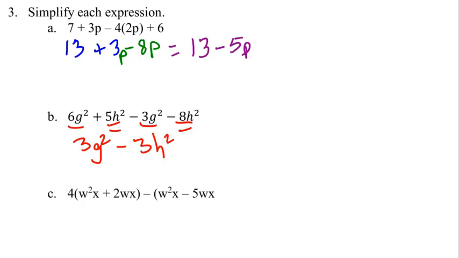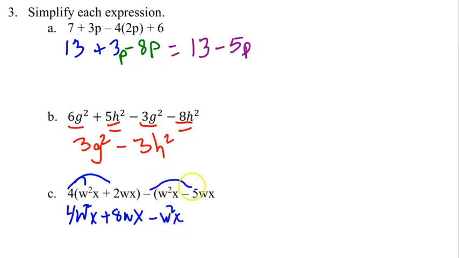Letter C, we need to distribute the 4. So that's going to give us 4w squared x plus 8wx minus w squared x. And then I got to subtract a negative 5, which is really adding 5wx.